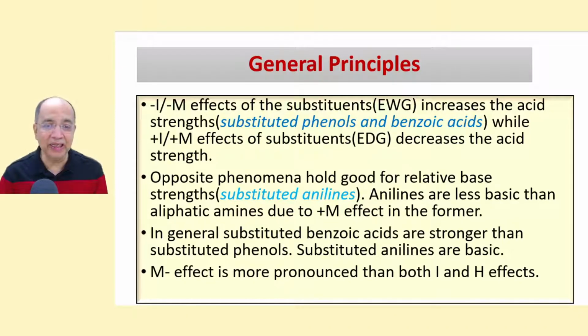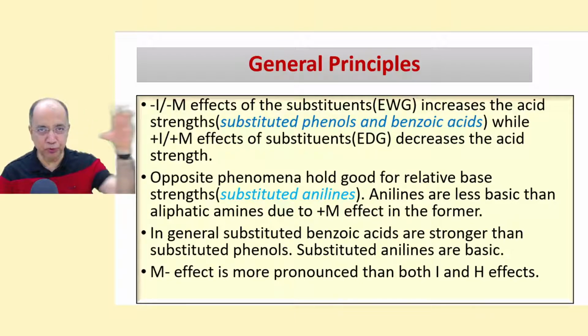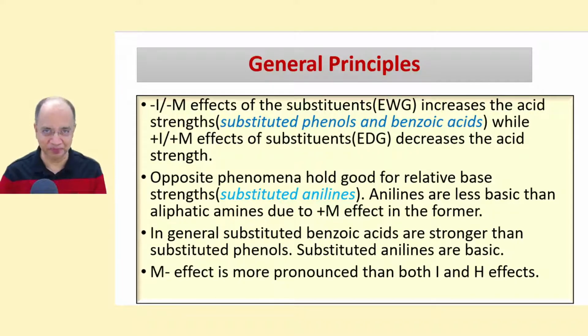On the other hand, for substituted anilines, which are bases, the opposite phenomena hold good. That means plus I plus M effect will increase the base strength by pushing the electron density, so the lone pair on nitrogen is more available, or you can say it will stabilize the conjugate acid, the anilinium ion.